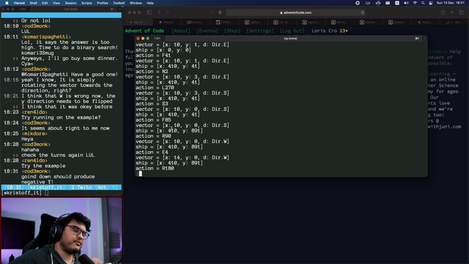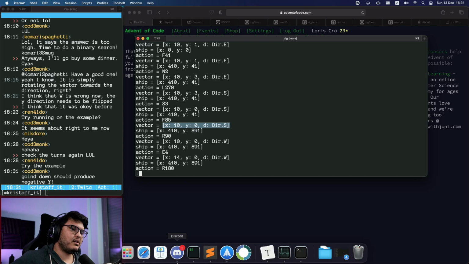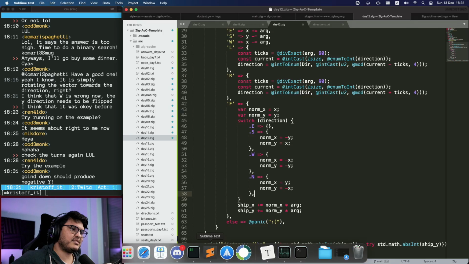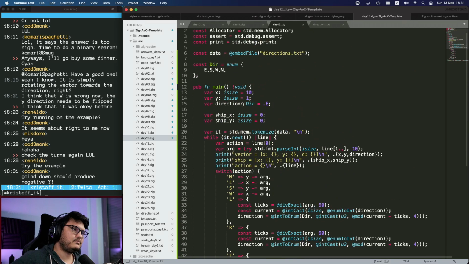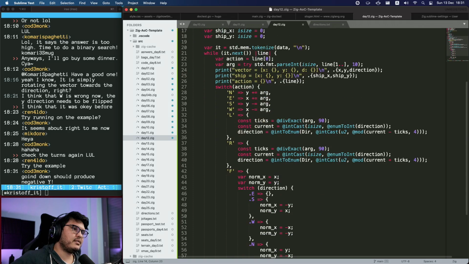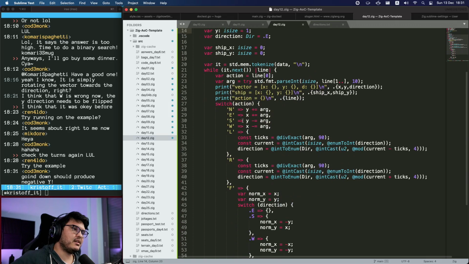Going down should produce negative y. Not in my case. I made going down positive. Or did I? I think you're right. Wait. Did I not make going down positive? Oh god. Was I inconsistent with that decision? I think you might be right. I don't remember what I did in the beginning. Going north is positive. Going south is negative. You're right.